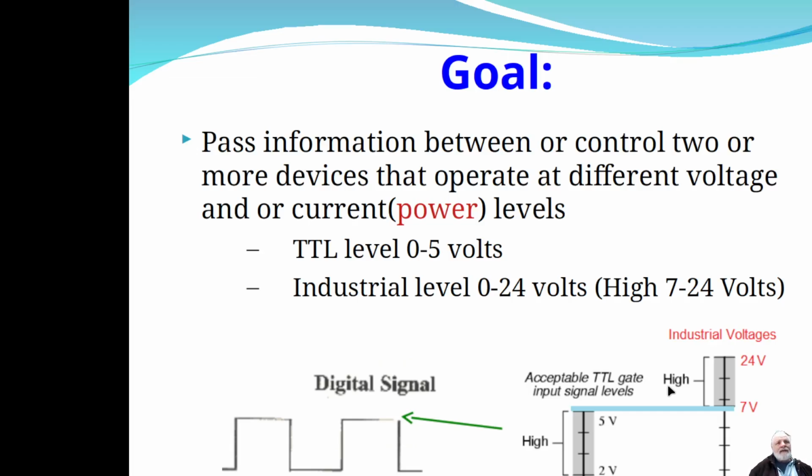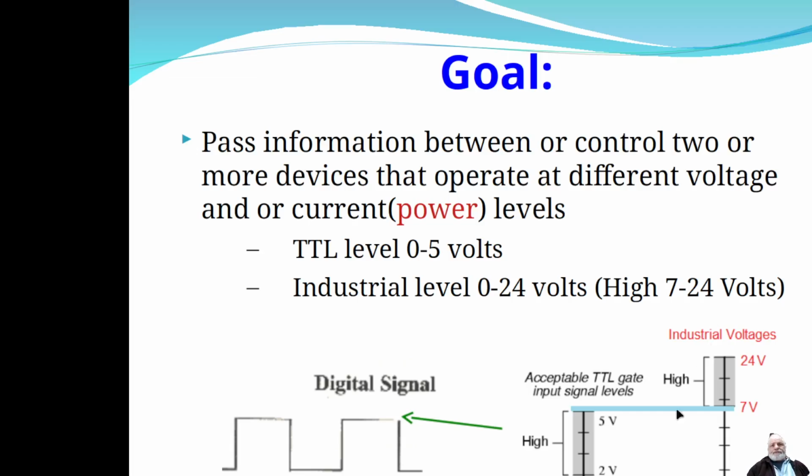digital levels. So we have TTL, which stands for transistor logic, and it has a standard voltage level of 0 to 5 volts. So the maximum voltage a TTL device can handle is 5 volts. A lot of small controllers like the BeagleBone or the Raspberry Pi can actually only do 3.3 volts.